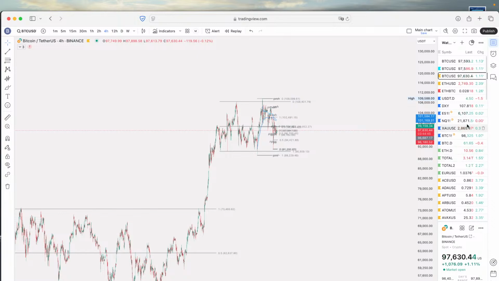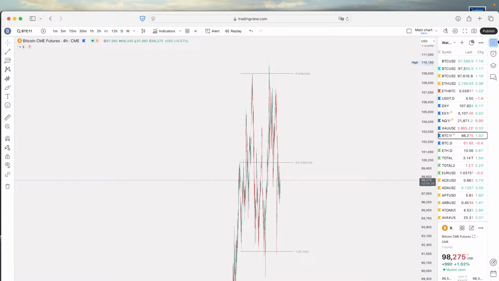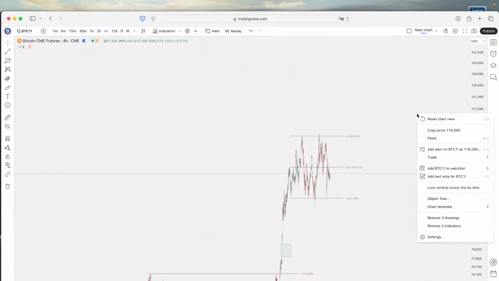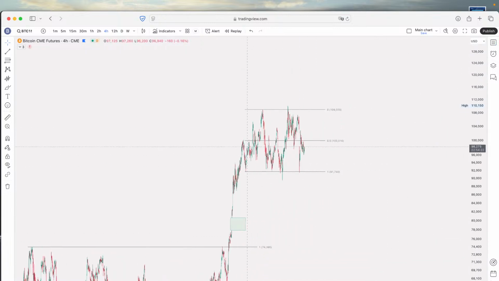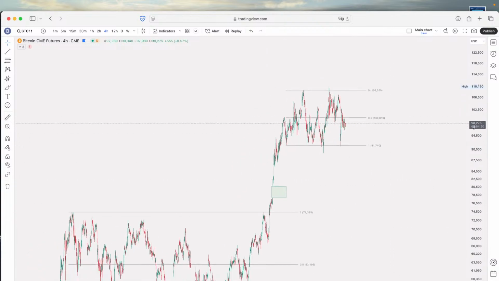The next stop for Bitcoin, if we drop below and lose that range low around $90,000: if we open the CME chart, we can see that we have a significant gap left behind, which is around $90,000.